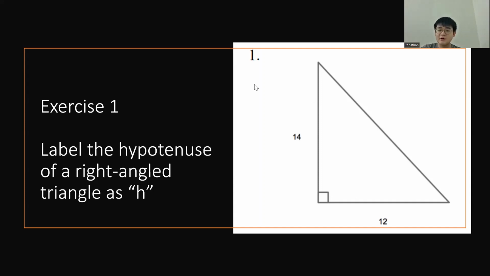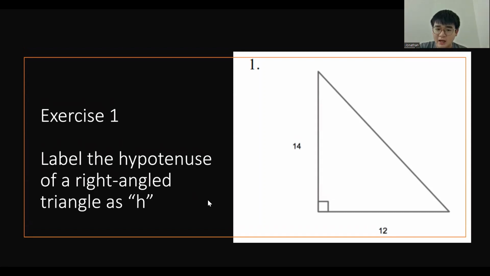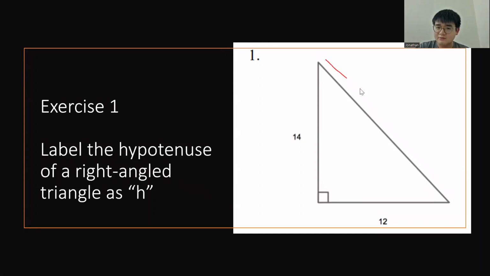You can see here for question one, the hypotenuse of a right angle triangle, first, is the longer side. You can easily see that the longer side is always here. And then also it is opposite the right angle.